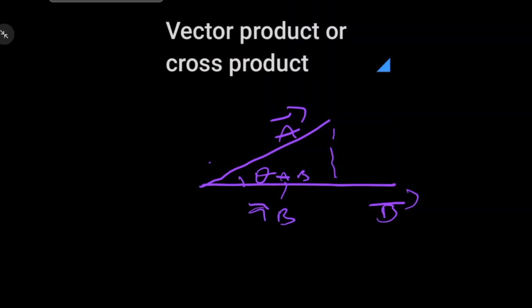The scalar component of vector A along B is called the projection of A on vector B, and is given by AB equal to A cos theta AB. The projection of a vector on another vector, let's just reason it like a shadow.